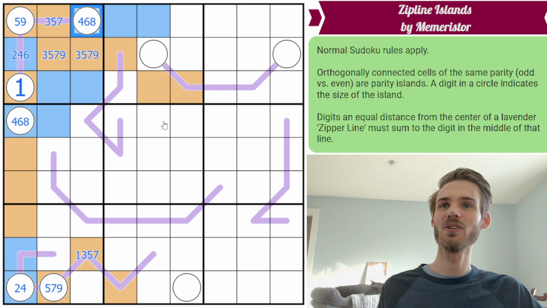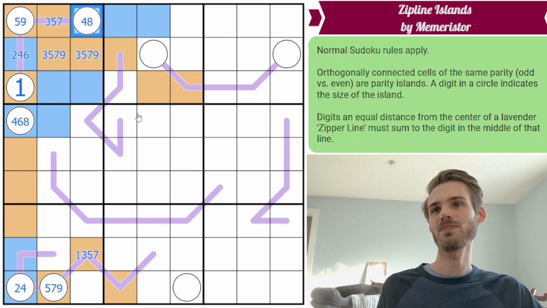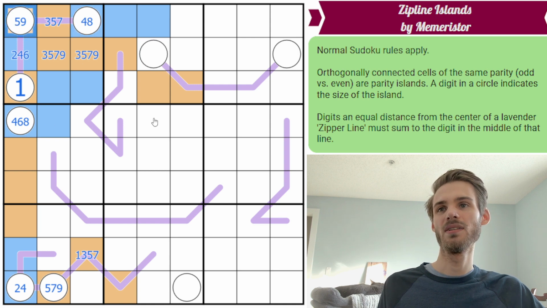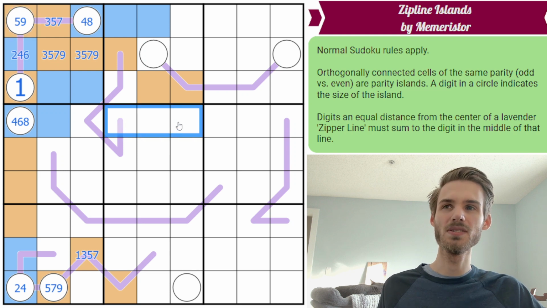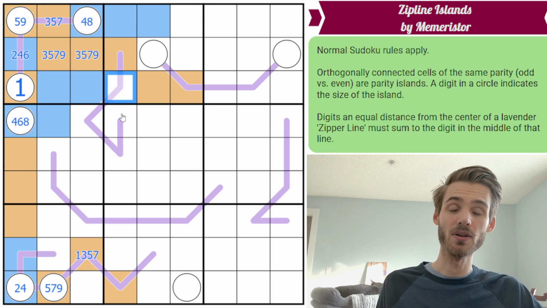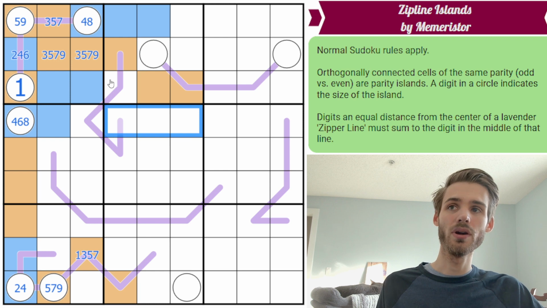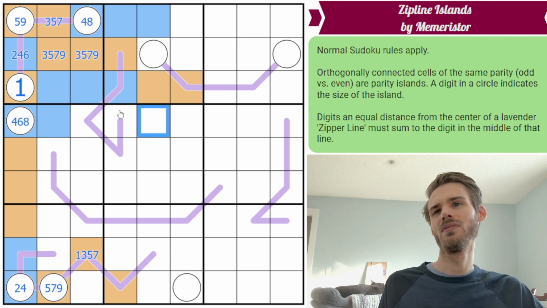So the other way we can look at this is, if this is 9, then at least 2 of these. Okay. So if this is 9, either all 3 of these are even, which doesn't work, because if this is odd as well, then these are all even. Or this is even, and one of these is odd.